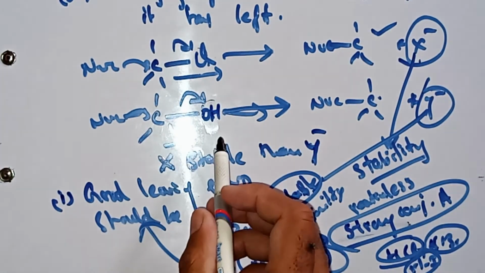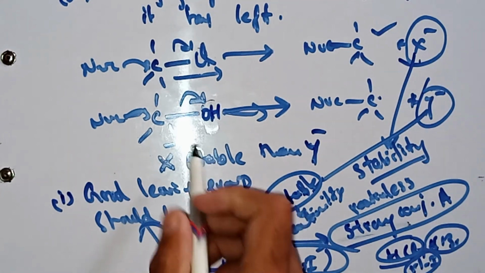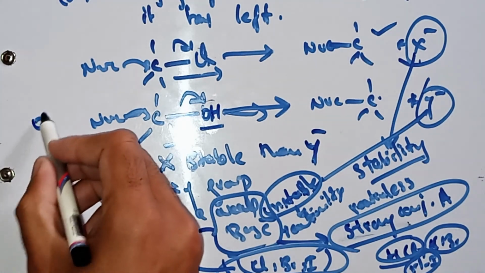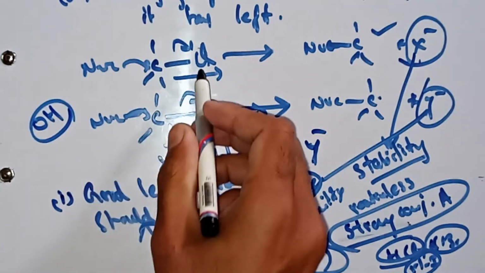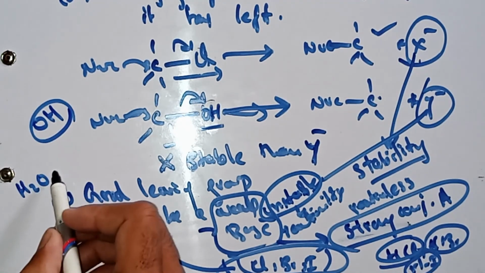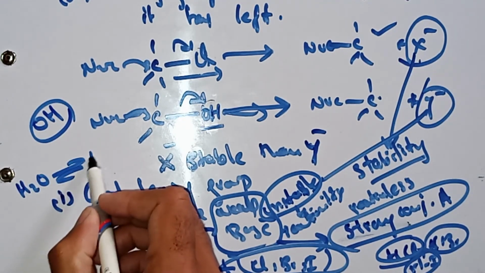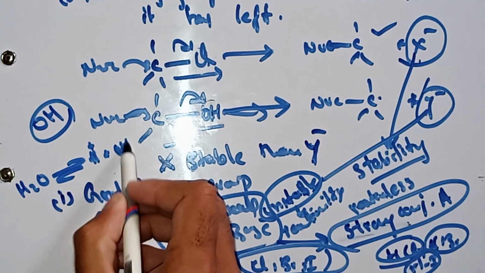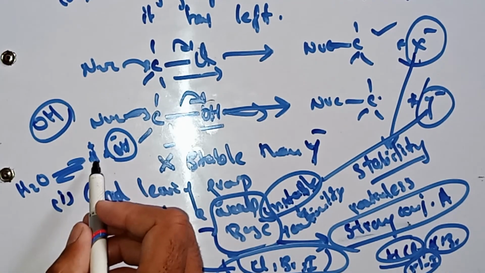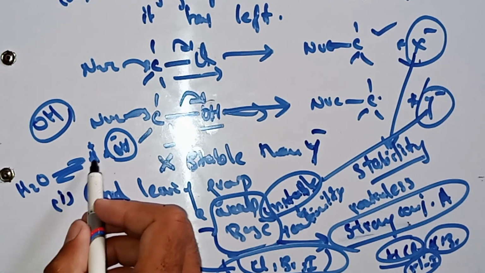We know that OH is not a good leaving group. OH is a strong base, not a weak base. OH is a very strong base, while chlorine is a weak base. In the case of H2O, when it generates H+ and OH-, this hydroxyl ion again attacks the hydrogen.